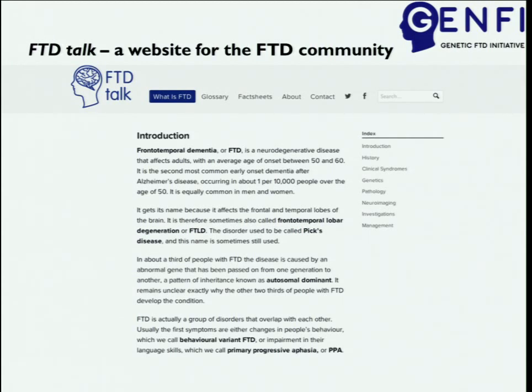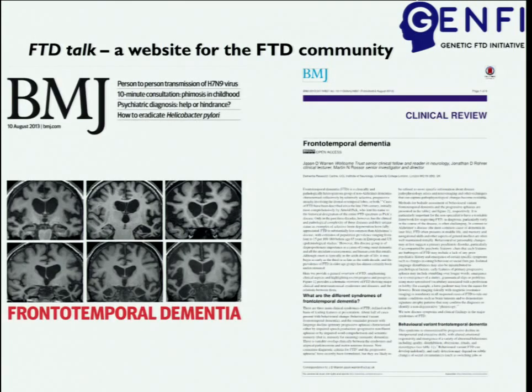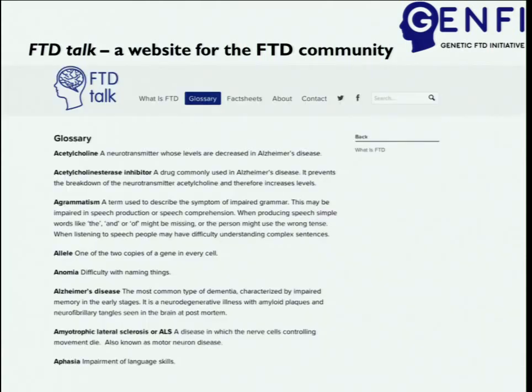And for those of you a bit more science bent, Jason Warren, myself, and Martin Rohrer wrote a review about frontotemporal dementia that was in the BMJ, the biggest British medical journal, last year. And you can download that for free as a PDF from the FTD Talk website.